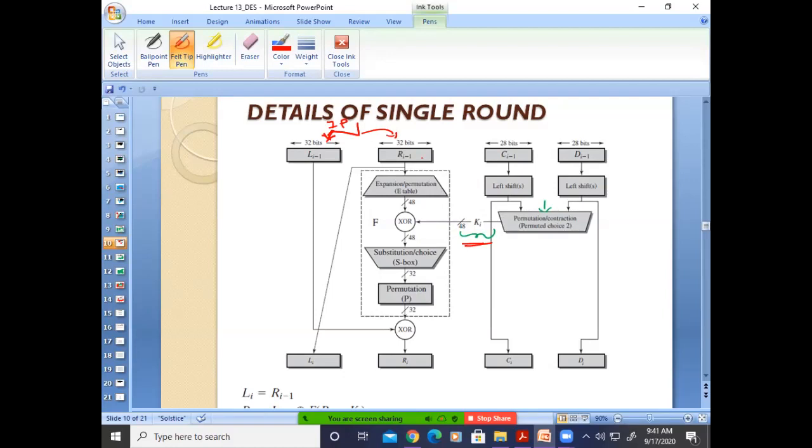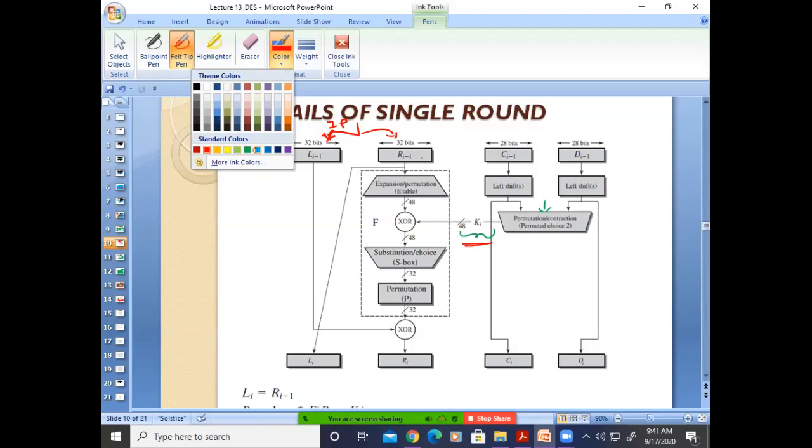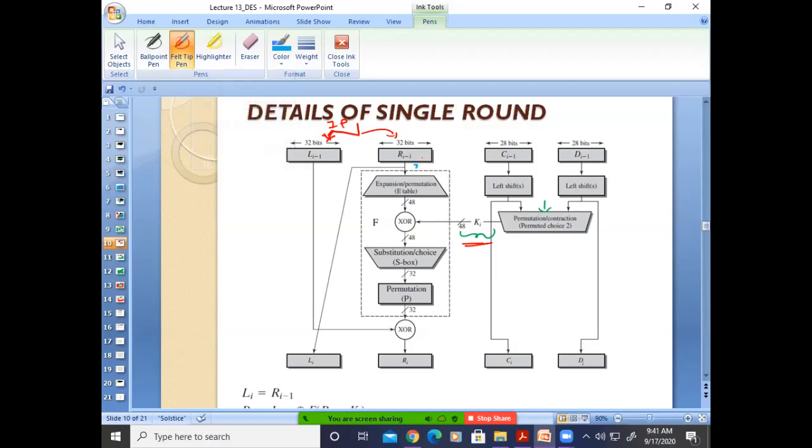Now see here, different functionalities will come. The right side portion is only 32 bits, but the other input, the key, is 48 bits. So first we have to perform the expansion from 32 bits to 48 bits. An expansion table is there.